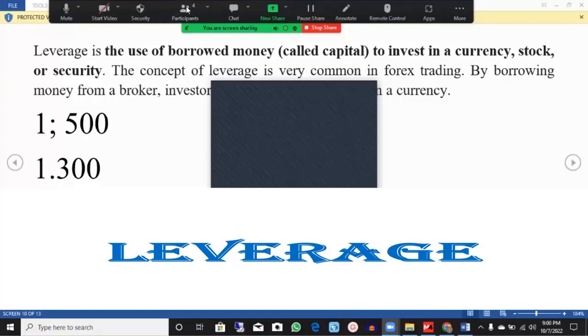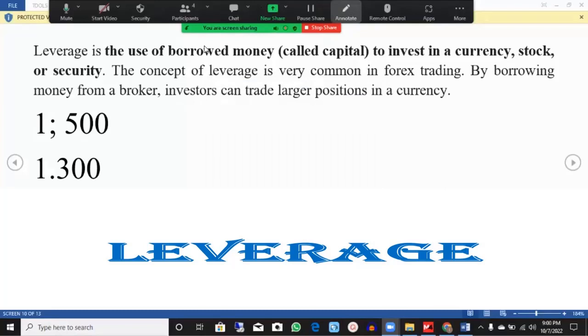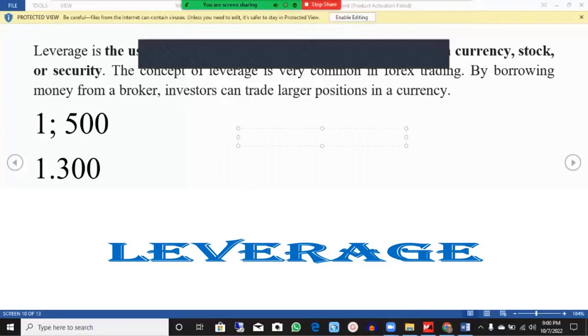Do you get me, Ahmed? Yes, sir. Yeah. So on a rough, just be using 1:500, at least 1:500, so that you at least have enough equity, because for a $10 account, if you use 1:100, you will not be having enough equity. $10, so we're saying times 100.